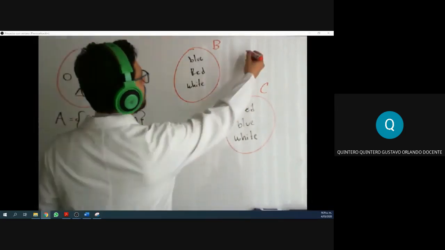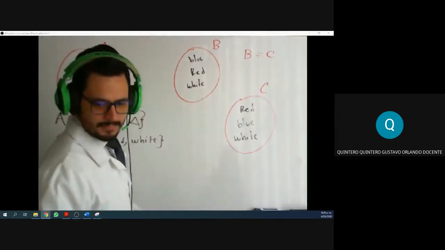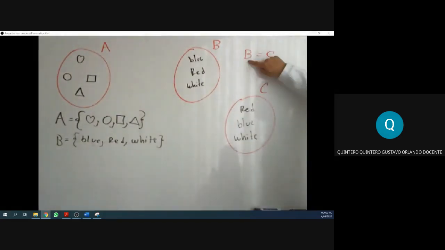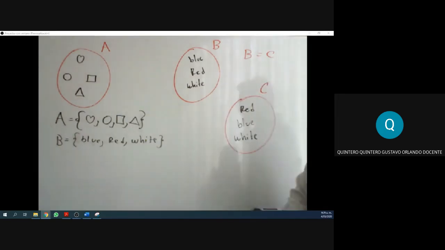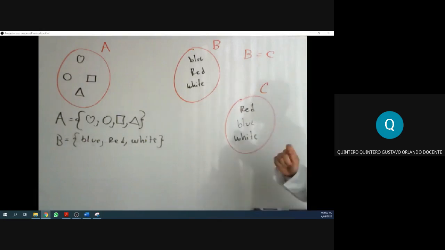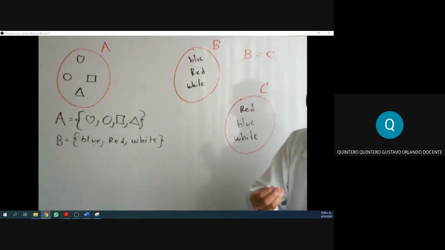We say B is equal to C. And that makes sense. We are saying that set B has the same elements as set C. These two are the same set. Order does not matter when we talk about sets, guys. All right? Hopefully you're writing these things down because this is pure gold.